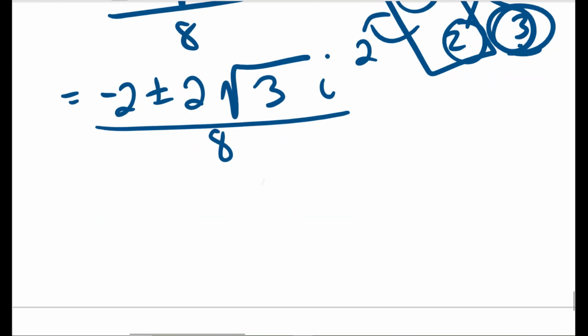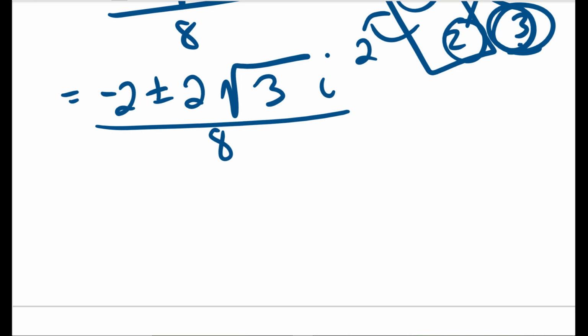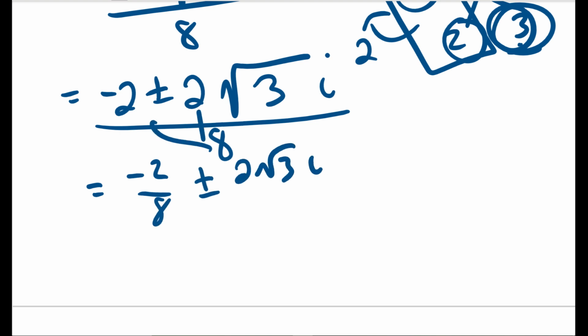All right, almost there. So now split this up into 2 things. Split the 8 into those 2. And reduce your fractions. I can divide this by 2. Same deal here, divide that by 2.